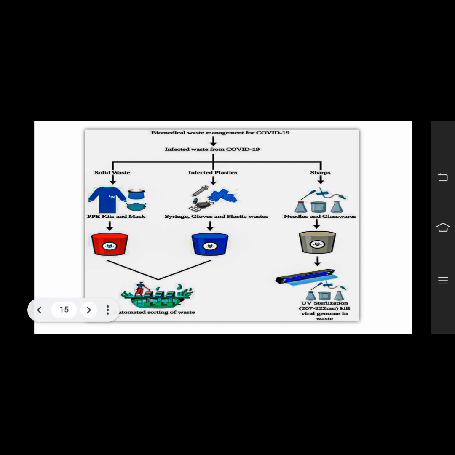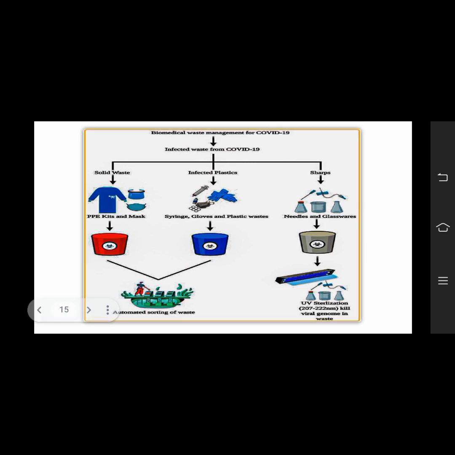Coming to the categories of COVID-19 waste management, there is solid waste, which includes all the PPE and the masks, the infected plastics, all these gloves, all these needles, all the plastic waste generated, and the sharps, needles and glasswares. All these are categorized differently, and they are thrown differently in different bins.